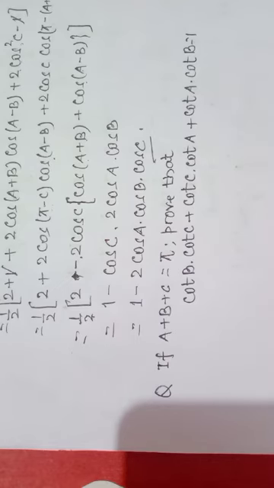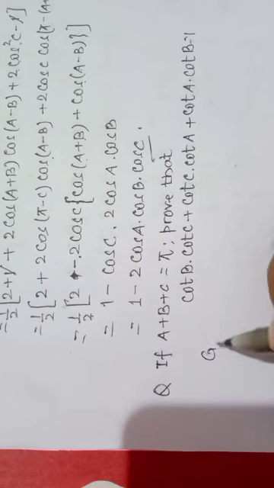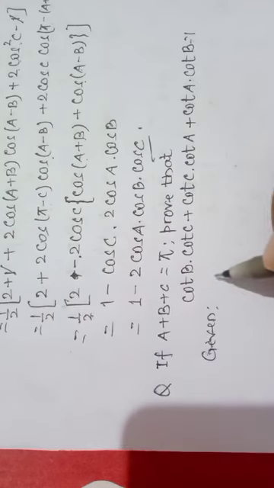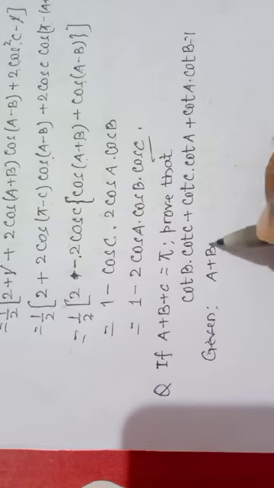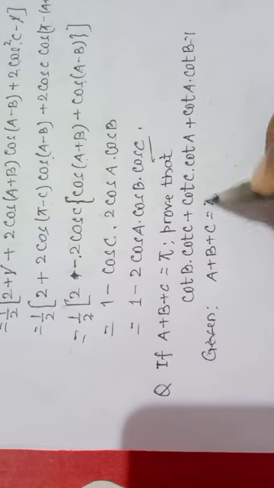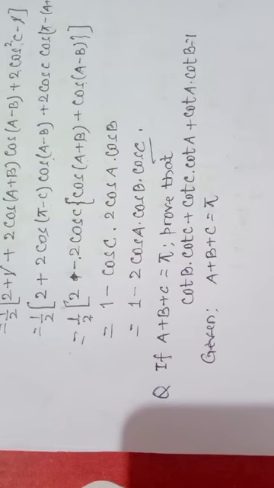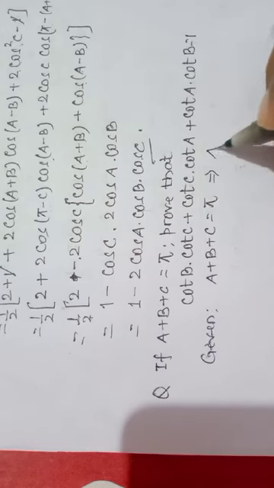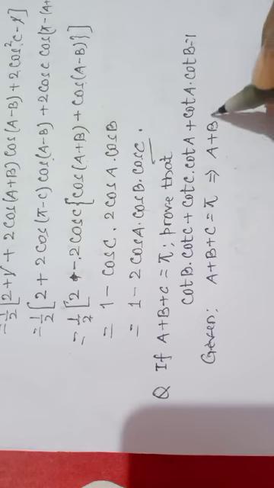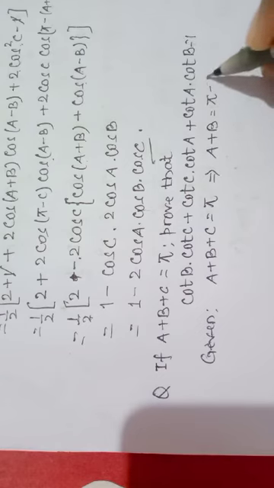So what I have said earlier, the problems of tangent and cot will start with the condition. So see what is given. It is given that a plus b plus c is equal to pi. Convert one term to the right side. Then a plus b should equal pi minus c.